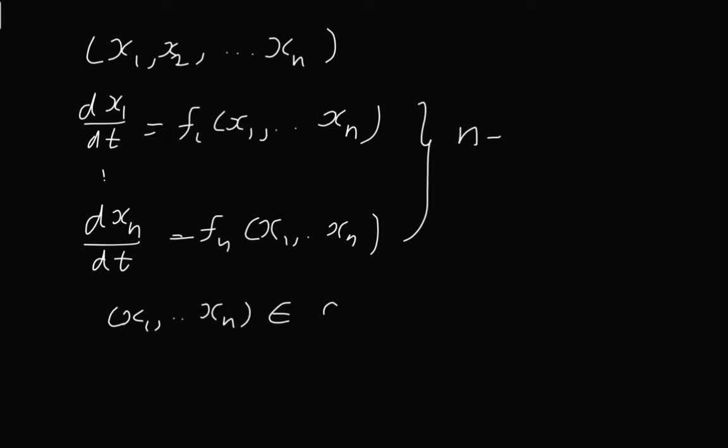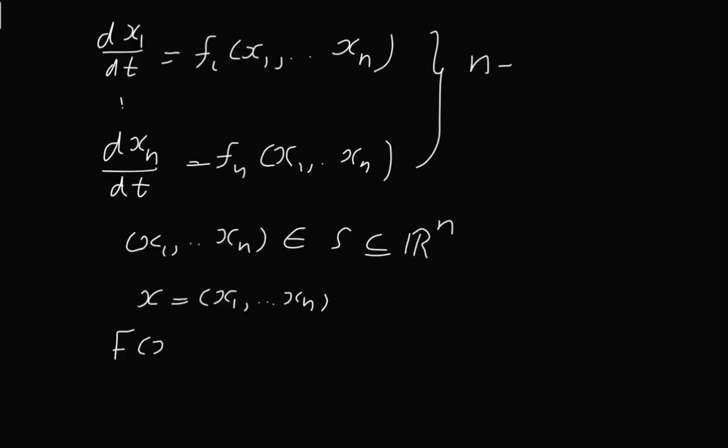S is a subset of Rn. You can write down the point x, x1 to xn, and f of x equals f1 of x to fn of x.